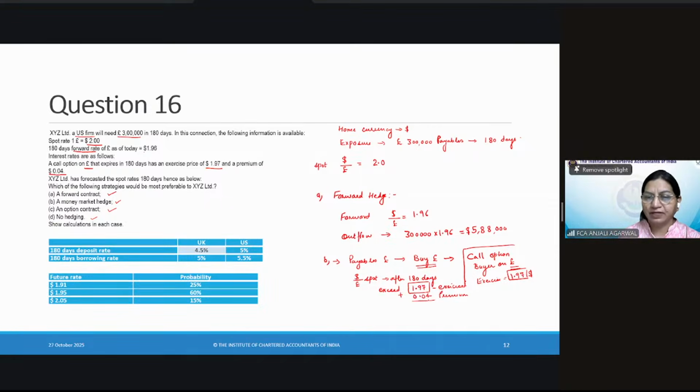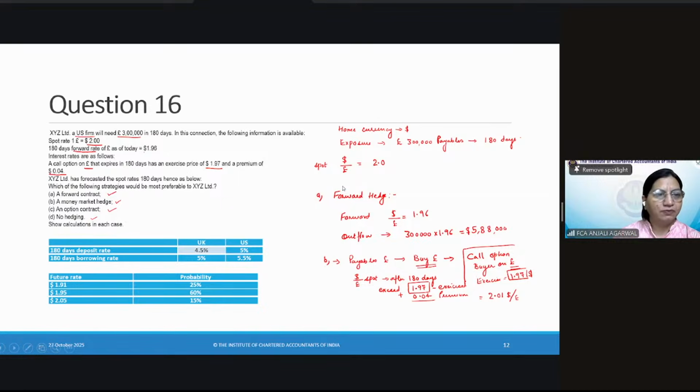So you will definitely end up paying $2.01 per pound. Which means 3 lakhs into 2.01, and this makes $6,03,000 you will have to pay.